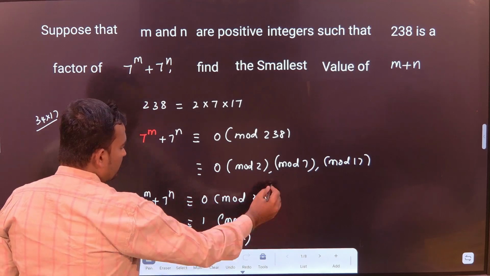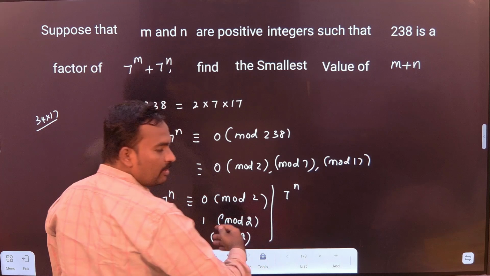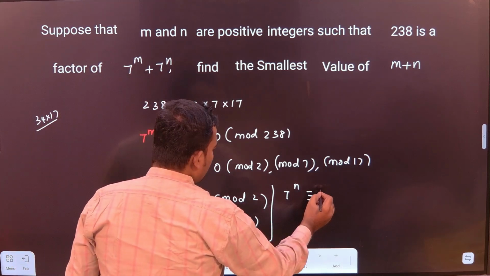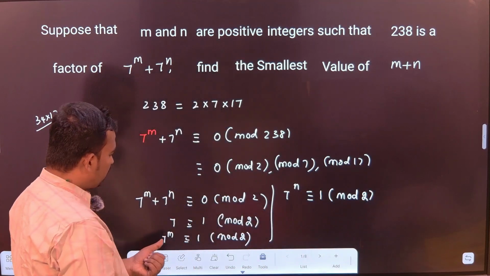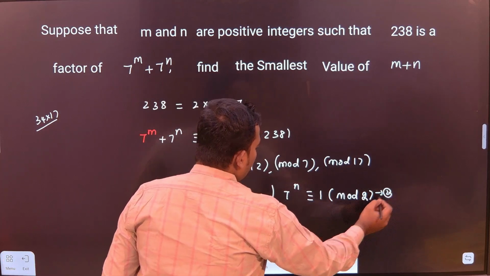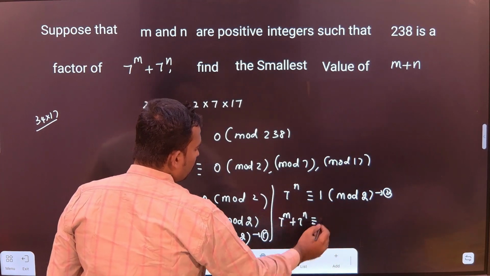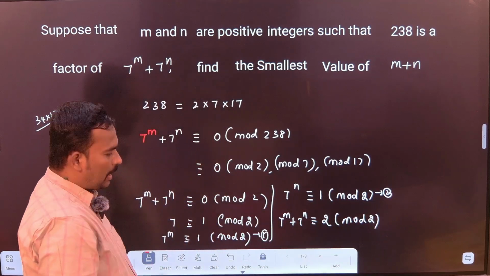The same way, 7 power n, also with n a positive integer, is congruent to 1 modulo 2. From these two things, 7 power m plus 7 power n is always congruent to 2 modulo 2. I am just adding those.